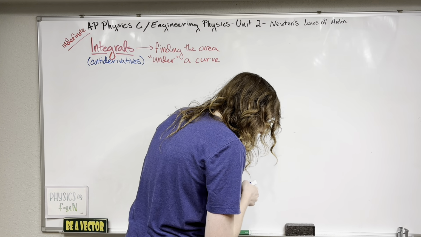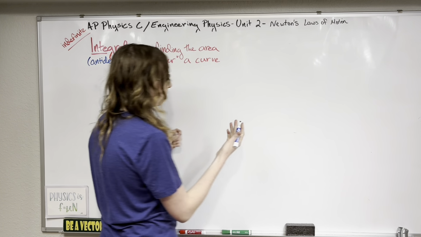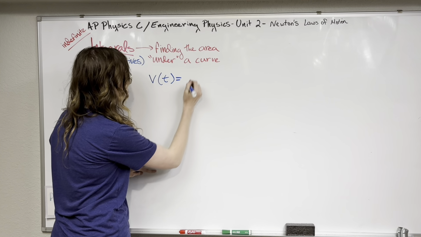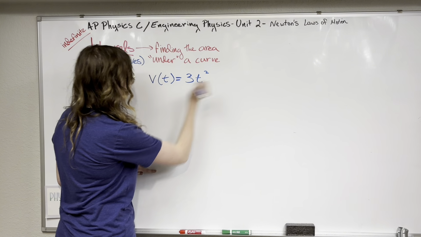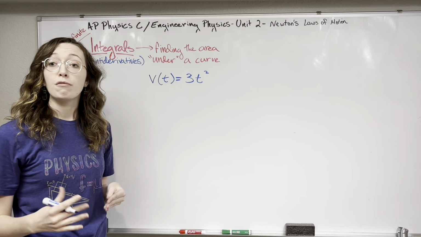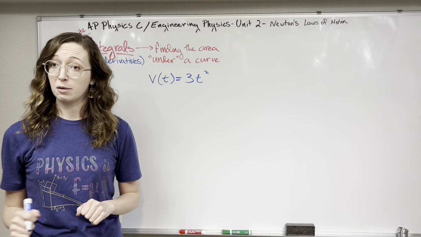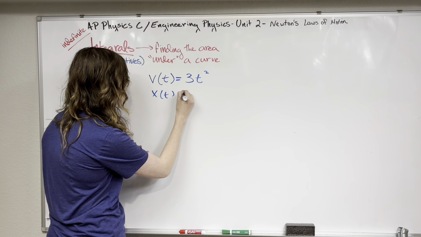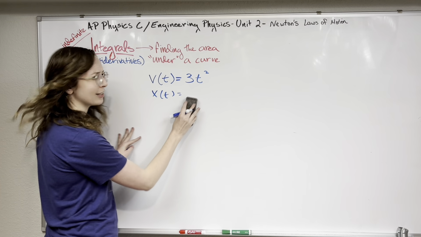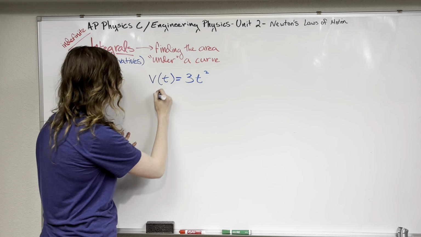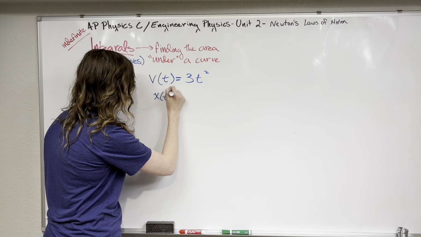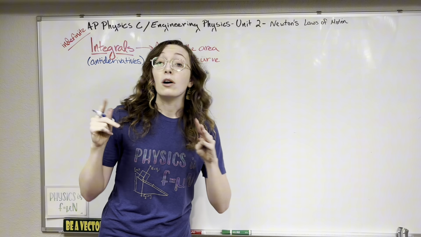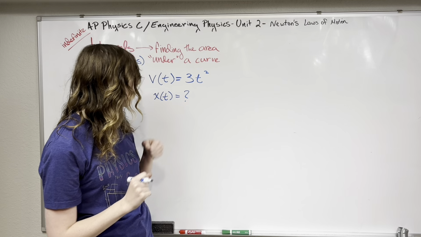Let's say I had a velocity graph, and that velocity with respect to time was equal to 3t squared. And I wanted an expression for the position of my thing that was moving with a velocity of 3t squared. So our goal is to find an x of t expression. Oh my goodness, that handwriting is terrible. Let's try that again. x of t is equal to question mark? Thankfully, we're also given another little piece of information in this problem.